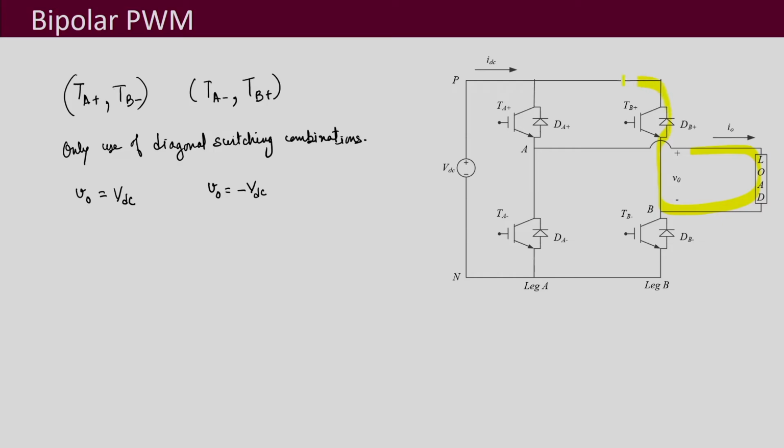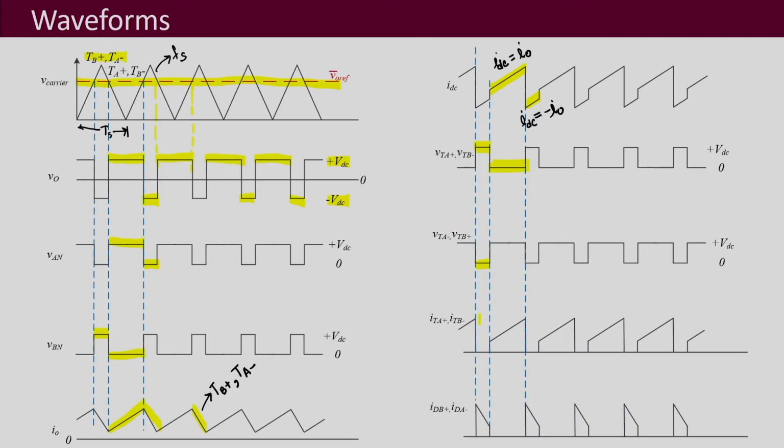It flows through the diodes, comes through here, and flows through the diode here as well. So DA minus and DB plus, the two diodes, are going to conduct, and that is what we see here. ITA plus and ITB minus carry the current IO whenever they are on, and else whenever the other two diagonal devices are on, it is the two diodes which are carrying the current.